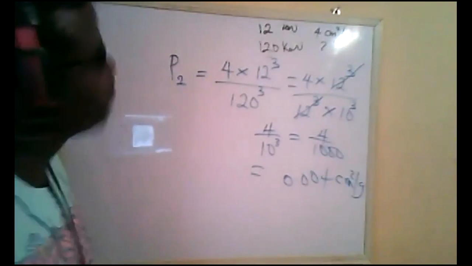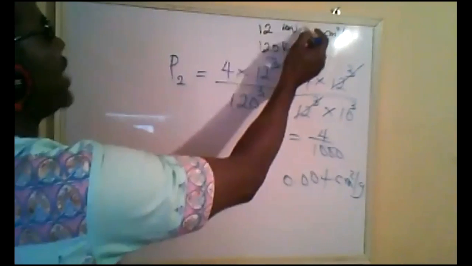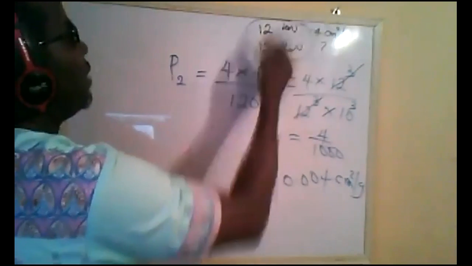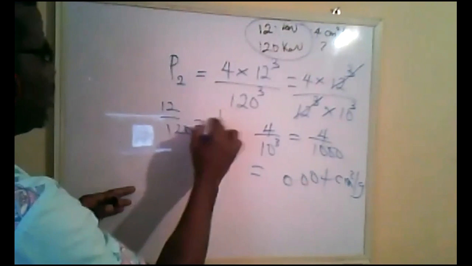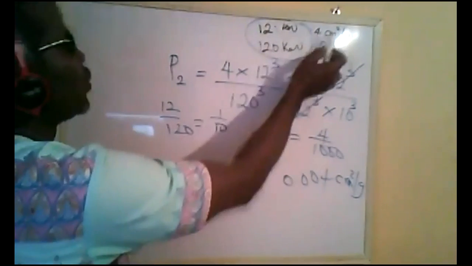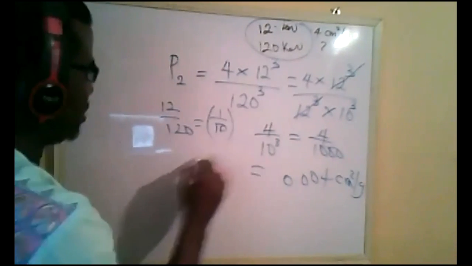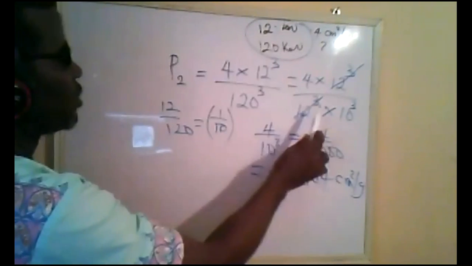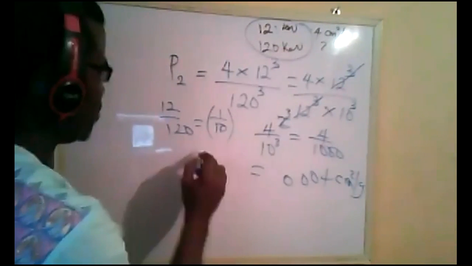When we see a question like this, since this is inversely proportional to the energy, all we need to do is look at how the energies have varied. 12 over 120 is 1 over 10. So this one has to be affected, since the photoelectric mass attenuation coefficient goes as E raised to power 3.